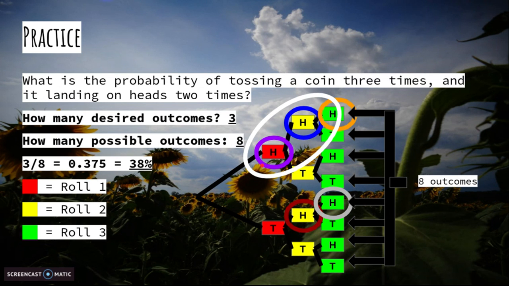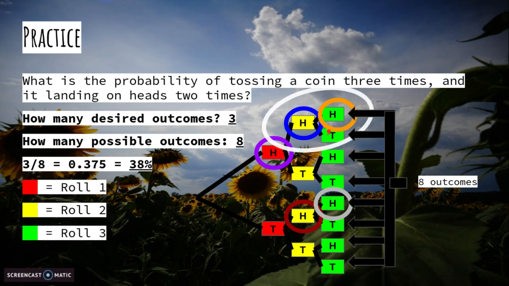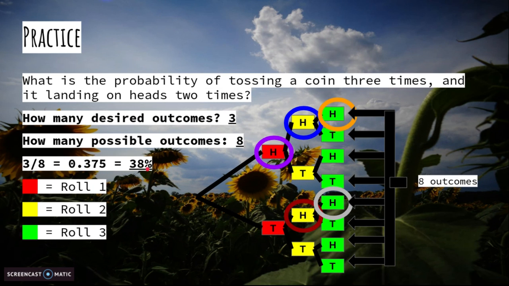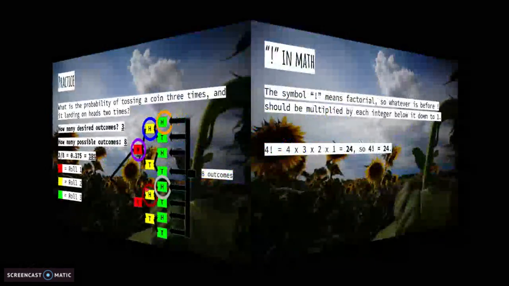You could get 2 heads if you went heads, heads, heads, or heads, heads, tails. The second possible outcome is these 2 heads that are beside each other. And the third possible outcome is that one, but there's no more, so we have 3 outcomes. And then you do 3 divided by 8, which is 0.375, which is 38%. So that's how we got that.